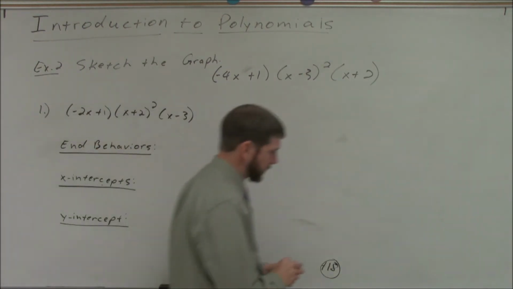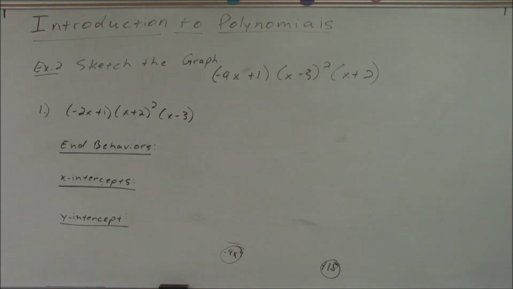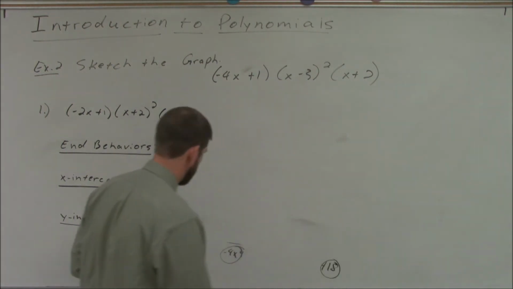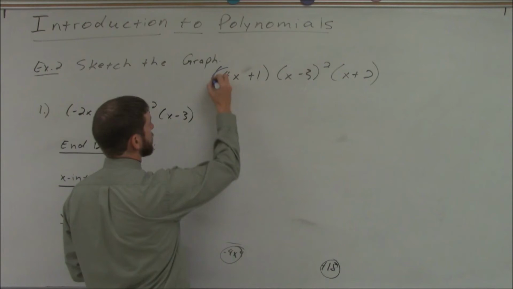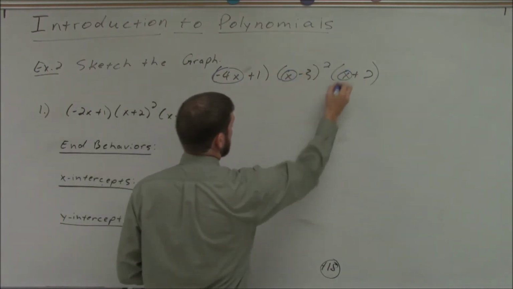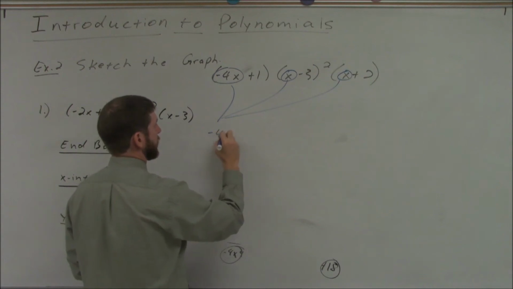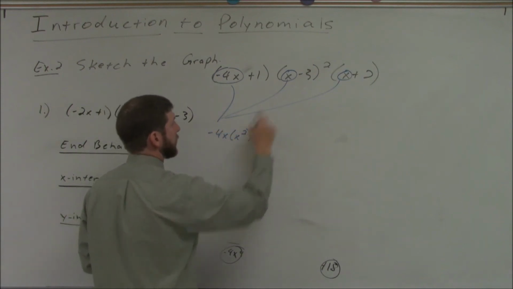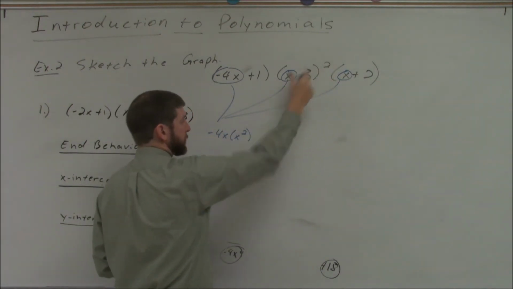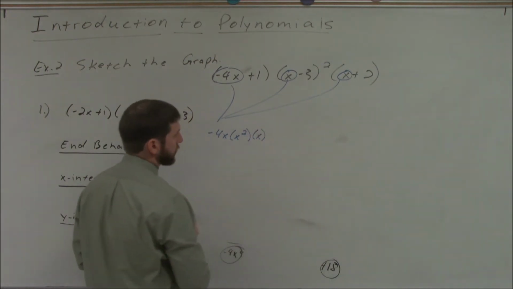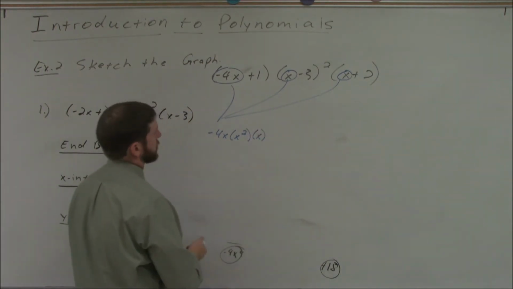Well, it comes from putting together first terms: negative 4x, x squared, because this one happened twice, and x, and my last terms.